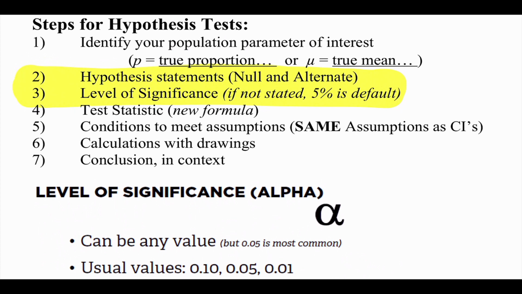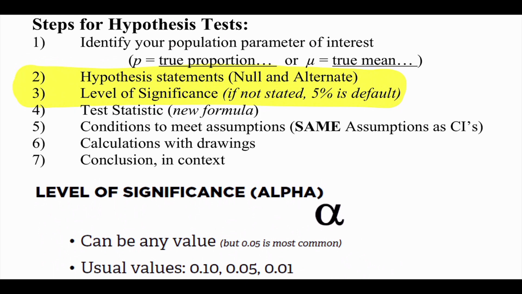Conditions and assumptions are the same as you've been doing for 2 chapters now, since chapter 7. I'm not adding any conditions or assumptions because our data comes from a sample, so we have to do those. Calculations will look a little different, and then the conclusion.